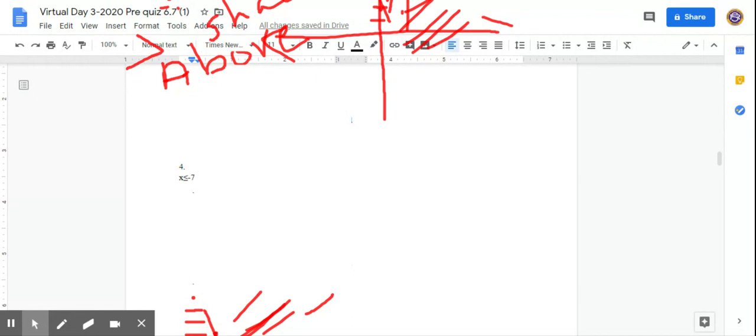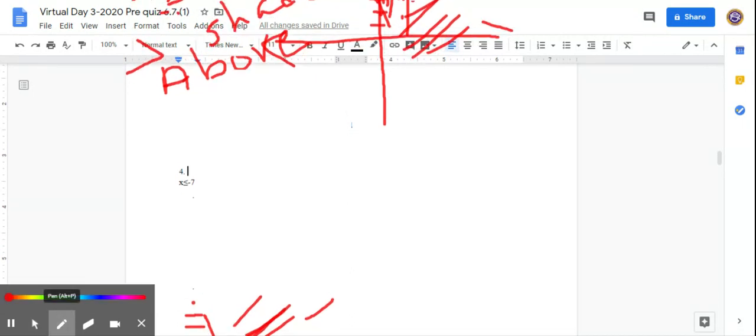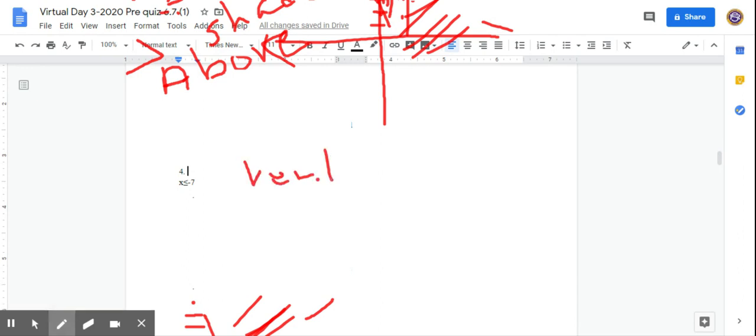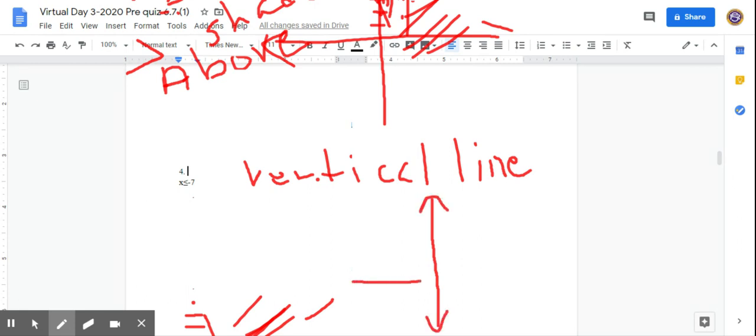X equals a number is a vertical line, remember. Vertical line. Okay, so we're going to go on our graph, XY axis, and we're going to find -7 on our x-axis. 1, 2, 3, 4, 5, 6, 7. Now we have to draw a vertical line through x equals -7.